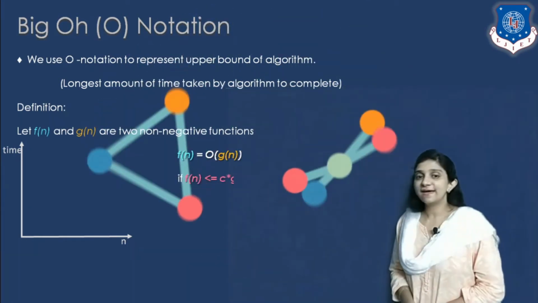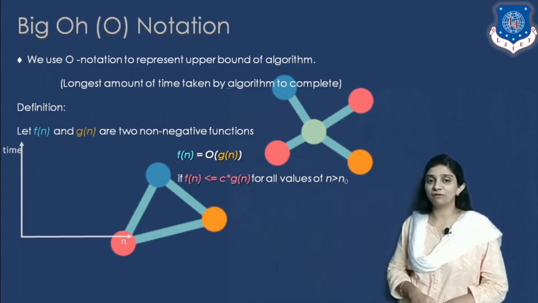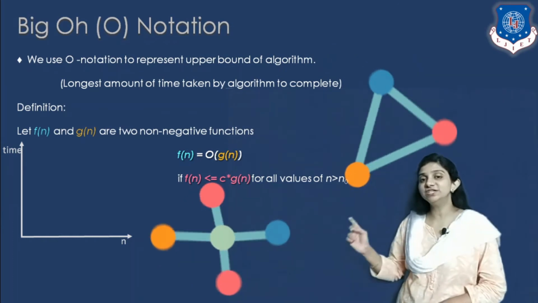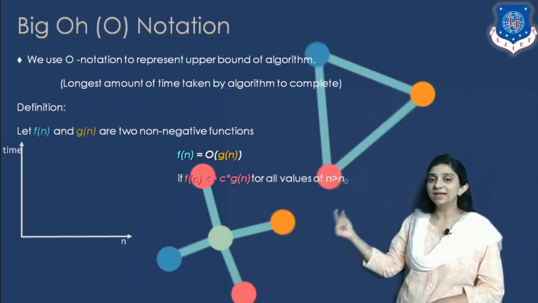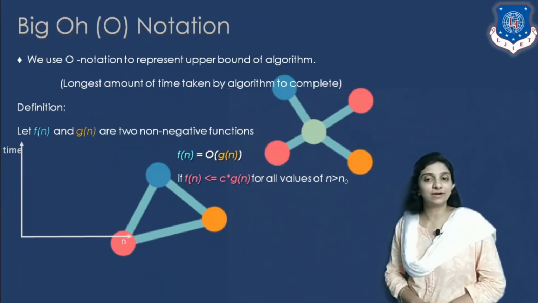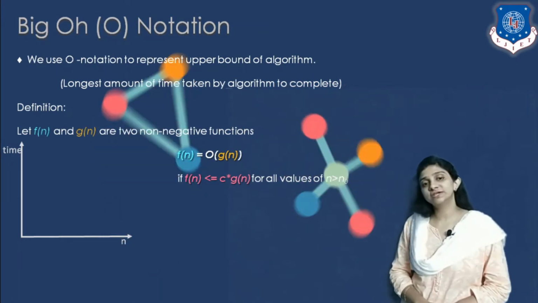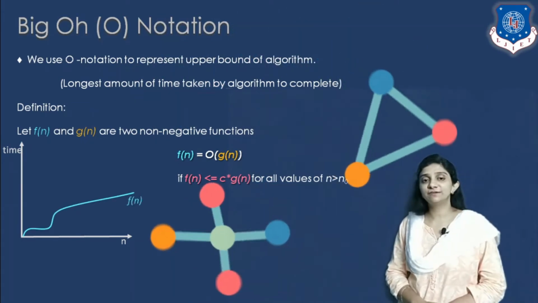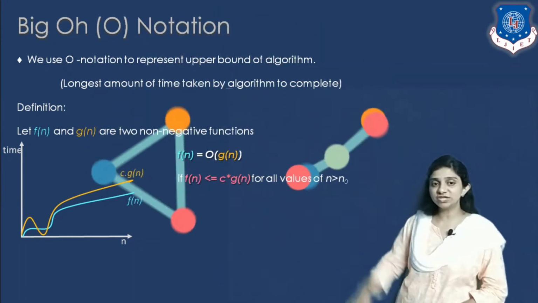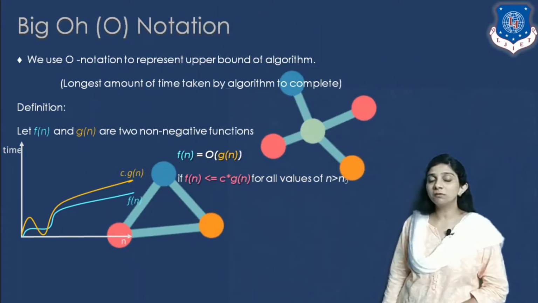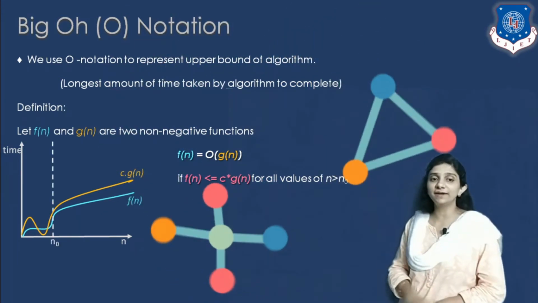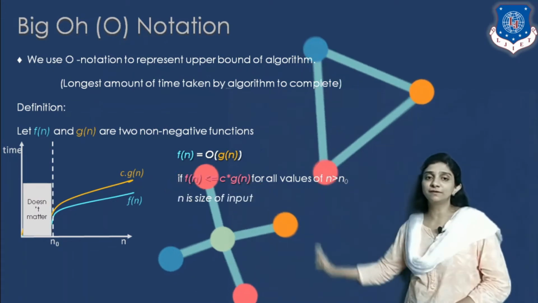Then we say f of n is in big O of g of n if f of n is less than or equal to c g of n. Remember this sign, less than or equal to, for all values of n greater than n naught. So what it means is that if there is a function f of n and another function c g of n, then my f of n is always lesser than or equal to c g of n after some amount of input.